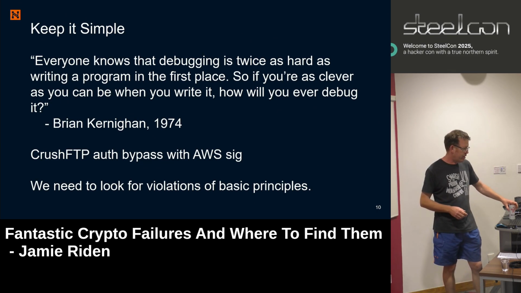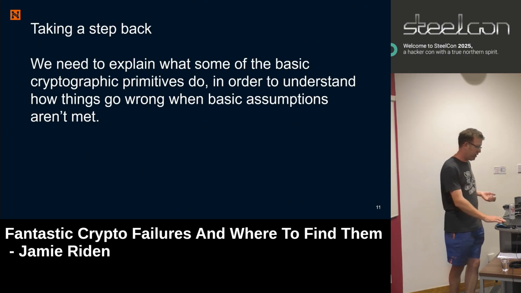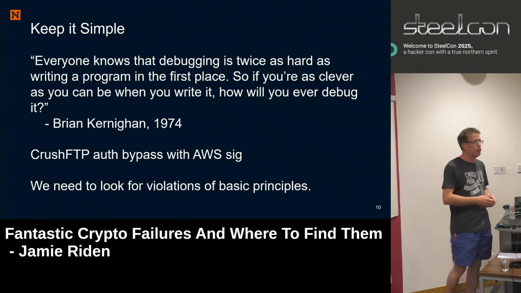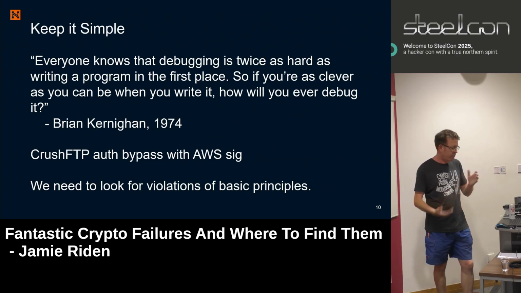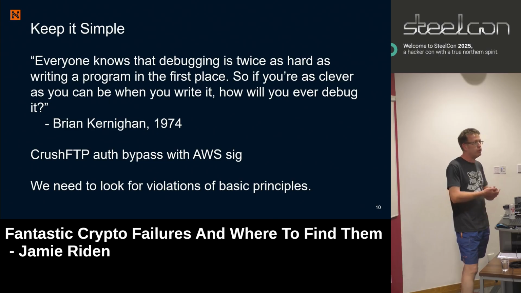So if you overcomplicate your code, you're going to get into all sorts of horrible little edge cases like Crash FTP, where you could just give an AWS SIG string username and no password, and it would just let you straight in. If you look at the bug report, it was a very convoluted flow with lots of ifs in, and you should have broken it out completely differently, and ideally not overloaded one thing with all the different authentication types.